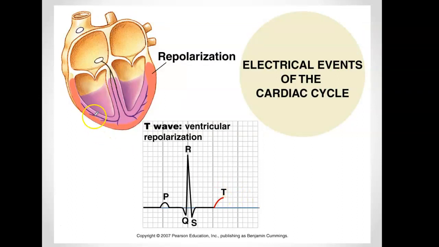Next is the repolarization, and in these diagrams it's been indicated in red instead of purple. So it's going back to its resting potential, and that is when you see a difference again in charge. So it's going to show a deflection, a new wave, which is the T wave, indicating ventricular repolarization.